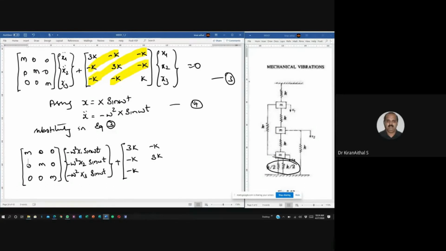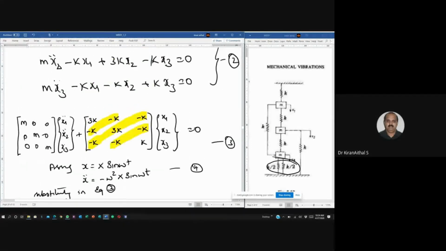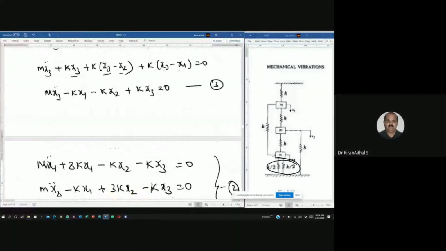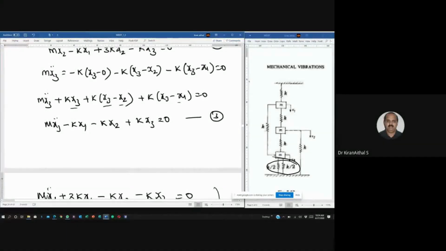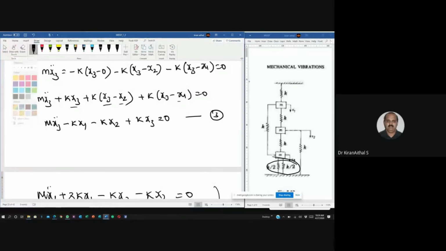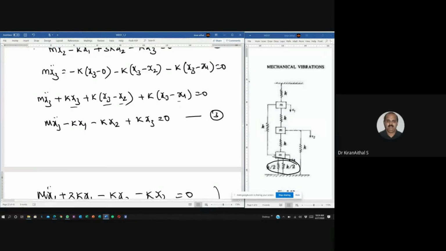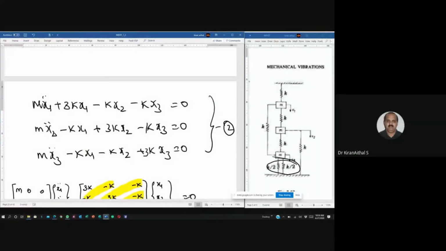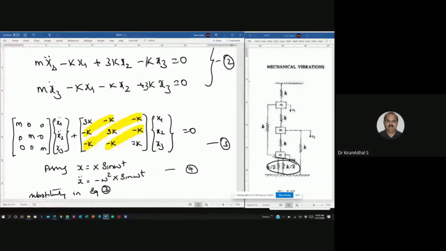I think we have made one small mistake. Yes, right. In the third equation, I hadn't written this. It has to be 3k here, and 3k here.